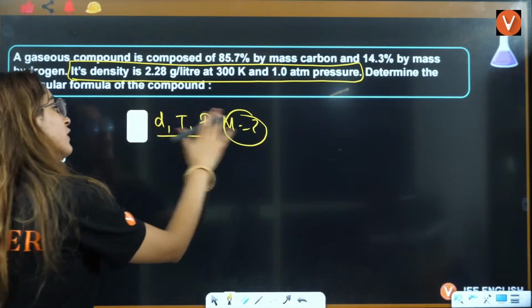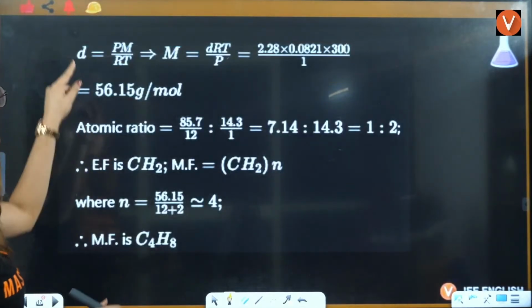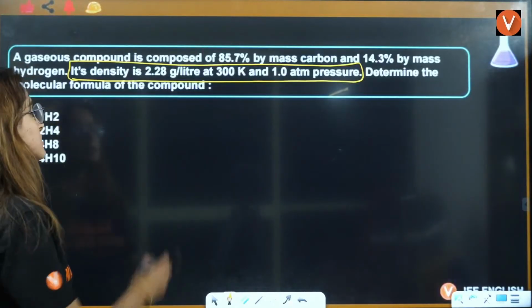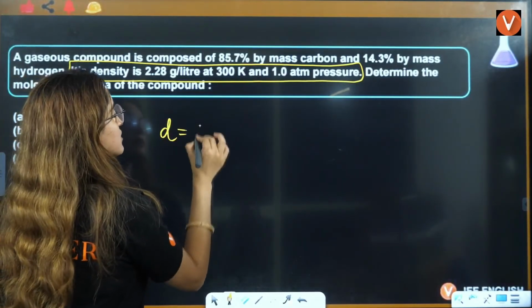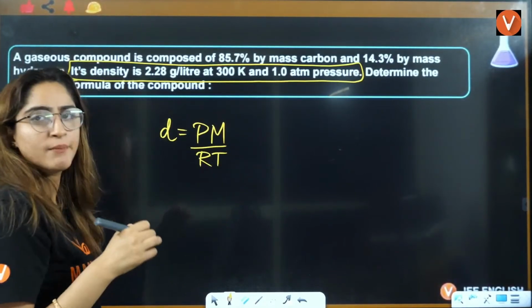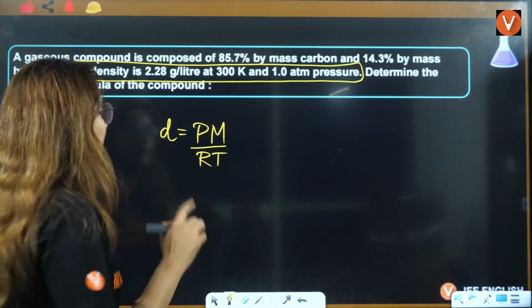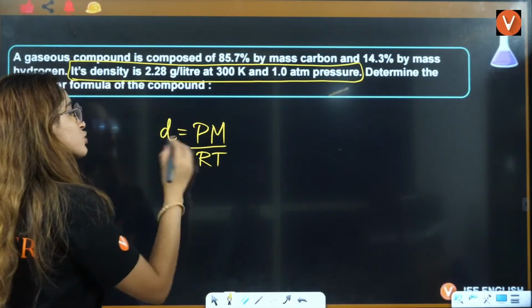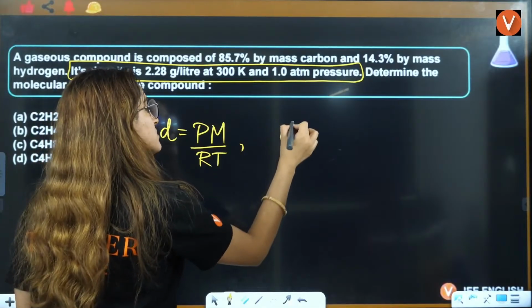So directly we will apply the formula D = PM/RT. How can you remember this? PM is right.